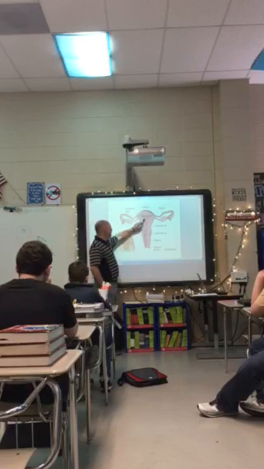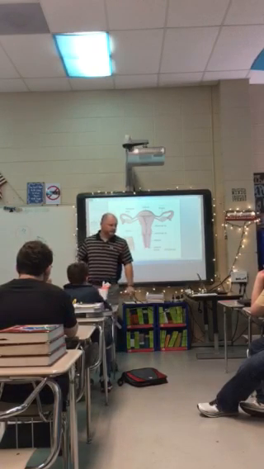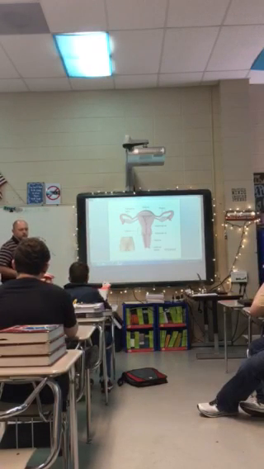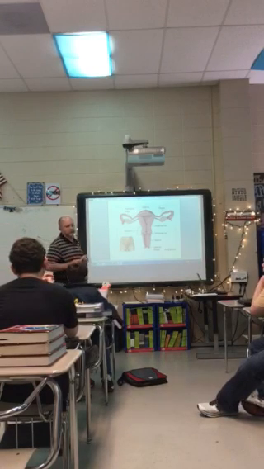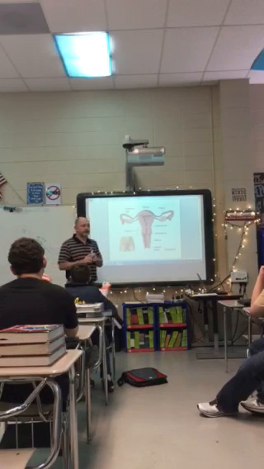Now, once it attaches to the lining of the uterus, what happens? Right now, is it single celled? No. An egg is a single cell, and a sperm is a single cell, so those two come together. The egg will turn into a ball of cells. Eventually it's going to start splitting and splitting.